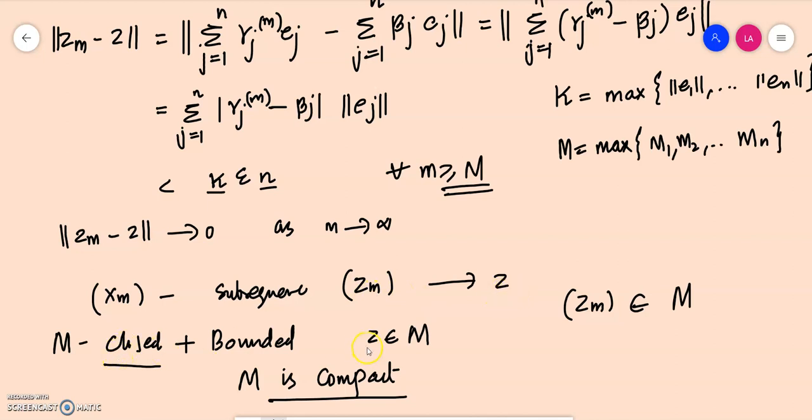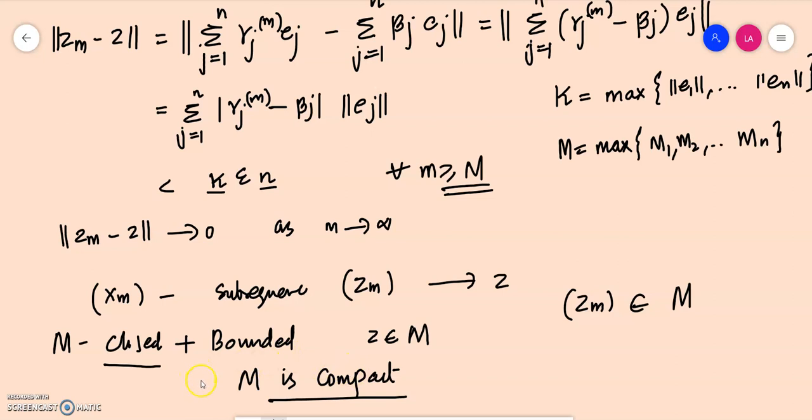Since M is closed, z belongs to M. So every sequence in M has a convergent subsequence which converges in the space M itself. So from the definition of compactness, we can safely say that M is actually compact.